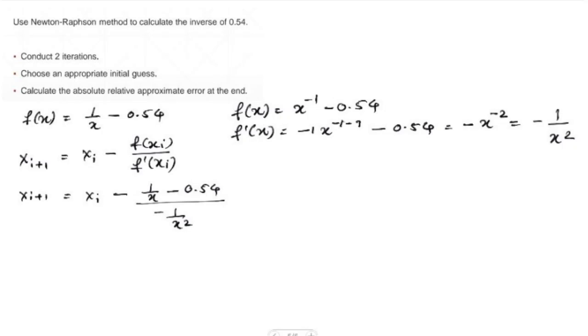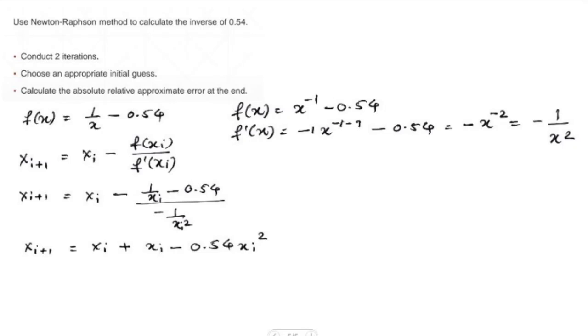Now if you simplify this, the x squared goes above and multiplies. With the minus and the minus becoming plus, you will have xi plus xi minus 0.54 xi squared.